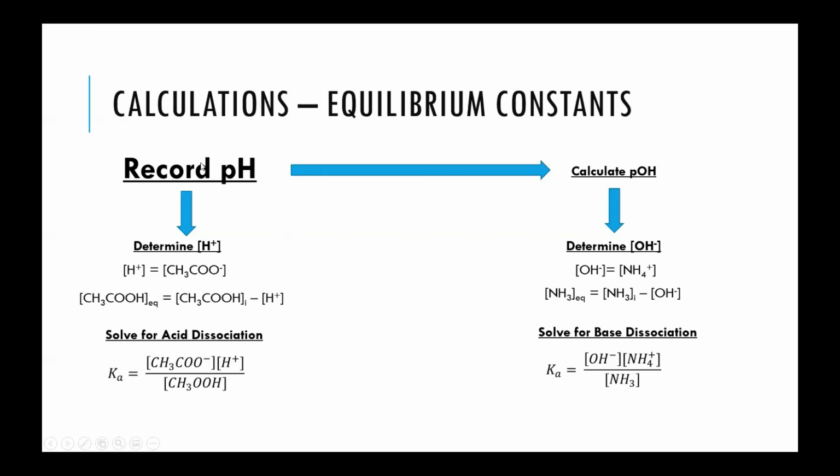From the pH value, you can also calculate a pOH, and this is where you'll be solving for the Kb of the ammonia solution.